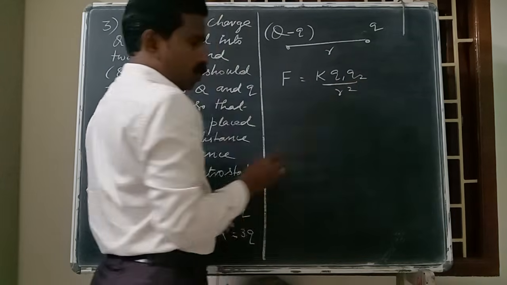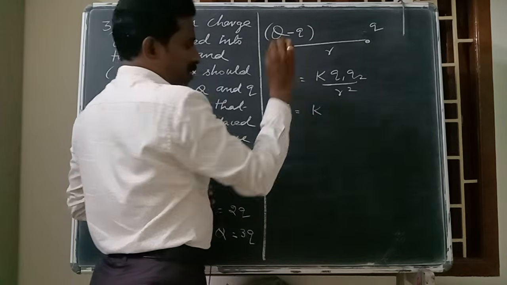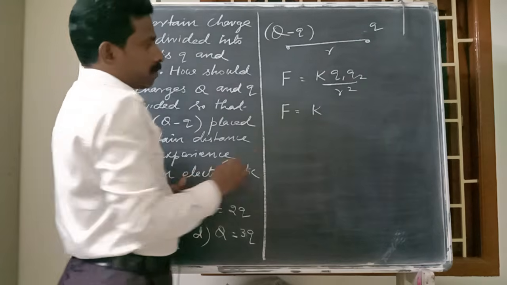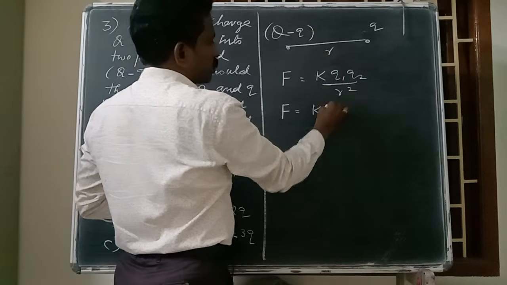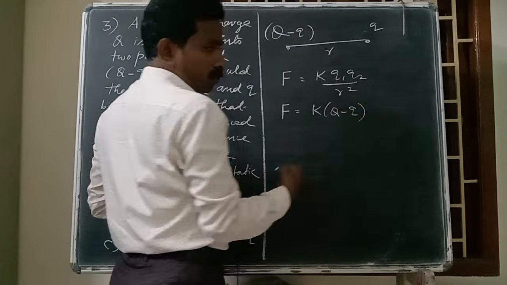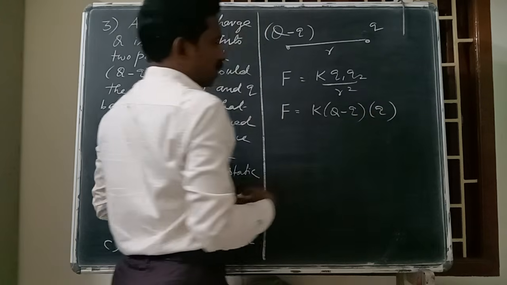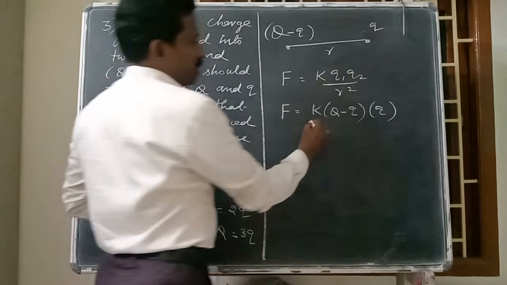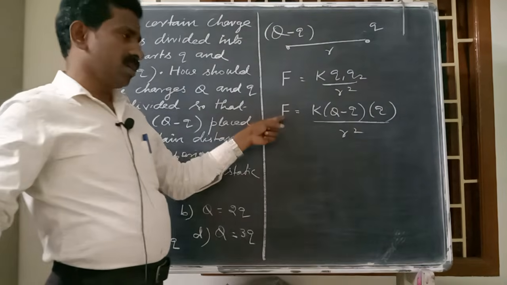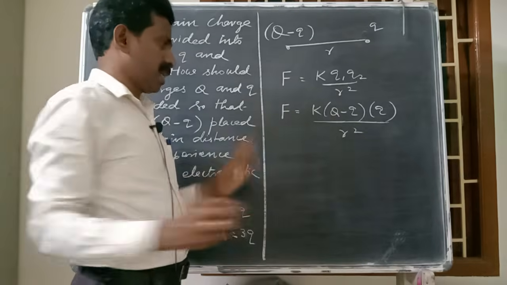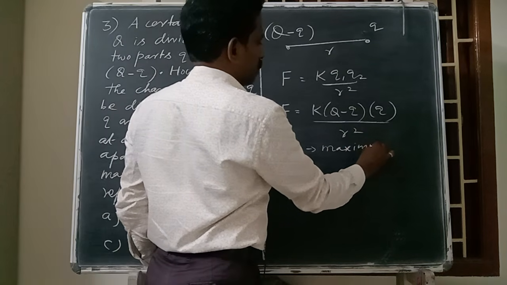Here let us keep the K as it is, and instead of Q1 we can substitute capital Q minus small q, and instead of Q2 we can substitute small q, by distance r square. The question is, the force should be maximum.